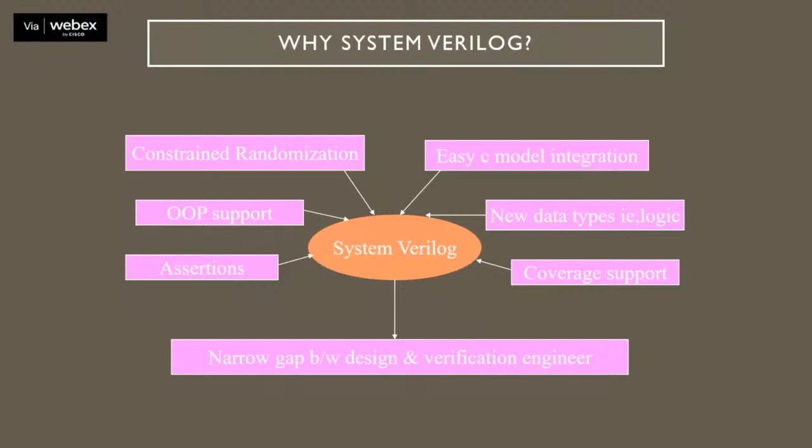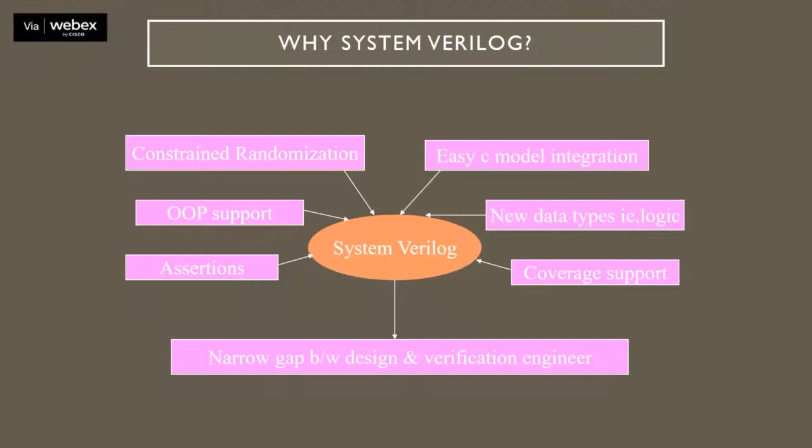That facility is available here with constrained randomization. The randomization here is done using certain keywords; as we proceed, we will have a glimpse of it. Once you have randomization available, you can give a range of values and test for all possible conditions.